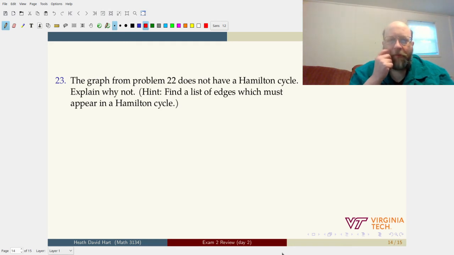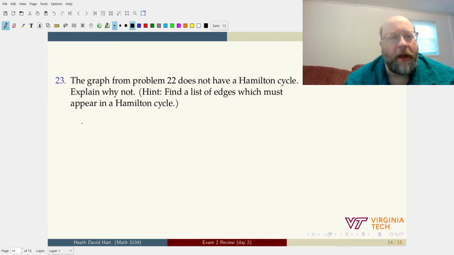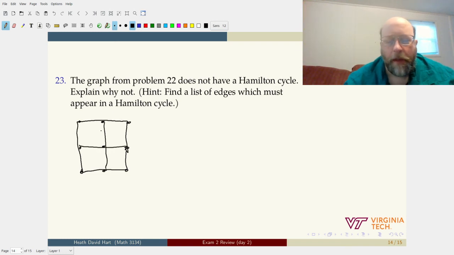All right, the graph from problem 22 does not have a Hamilton cycle. So let's explain why not. So let's reproduce that graph here. And then it's got 2 diagonals here and here.